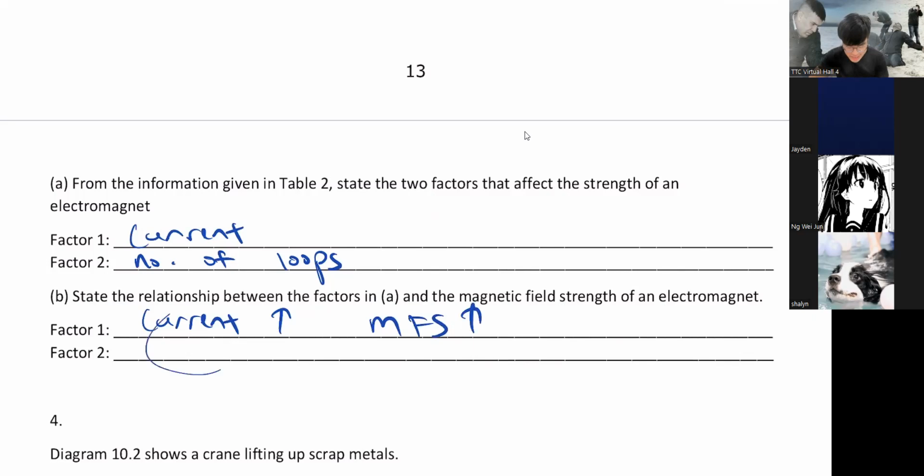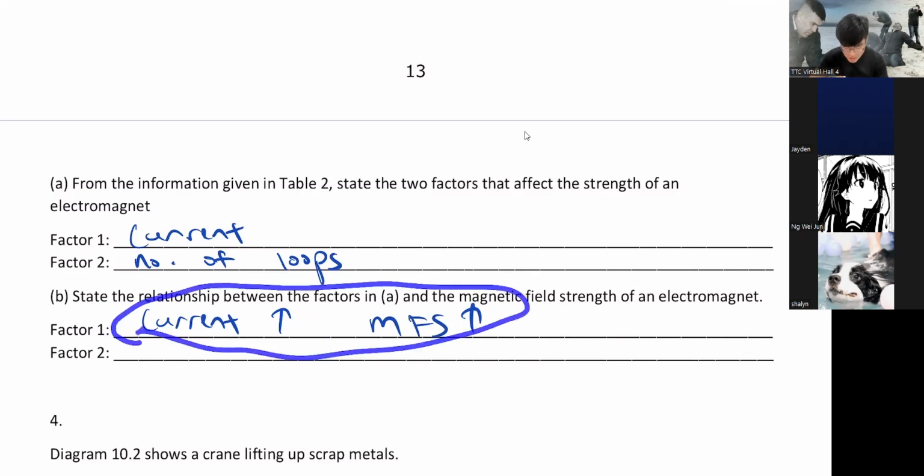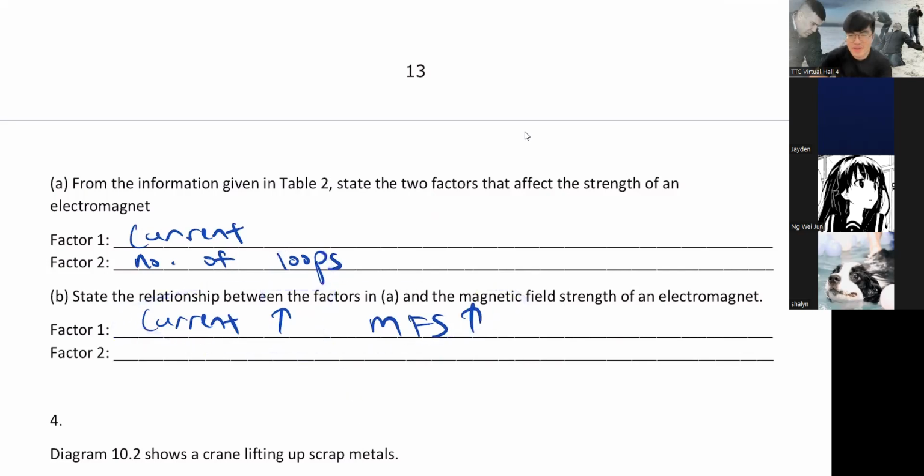Guys, I'm writing like this to make it easier for you. Please don't write like this in the exam. Your teacher is going to give you a big question mark. I'm just lazy. In the exam, please write: the higher the current, the higher the magnetic field strength. Please give the full answer.